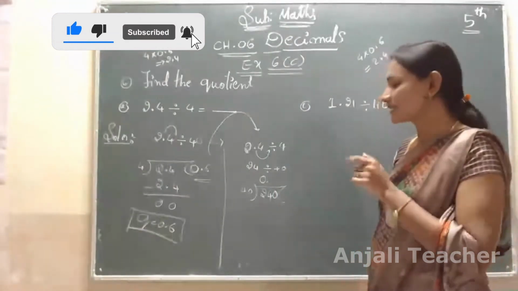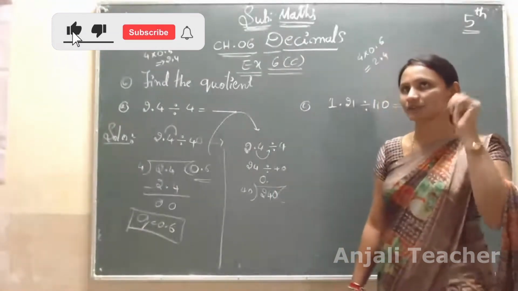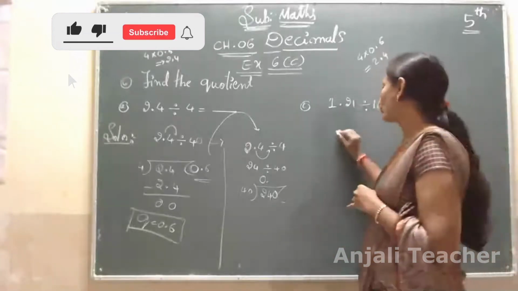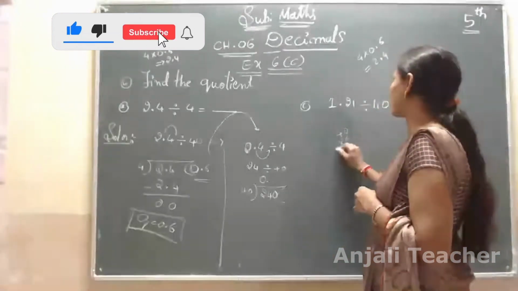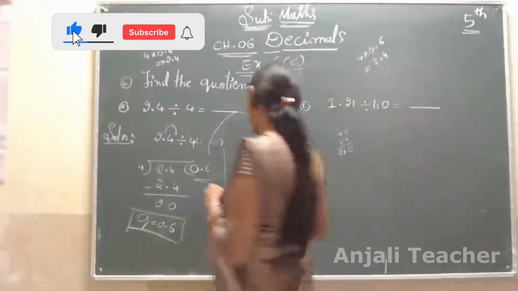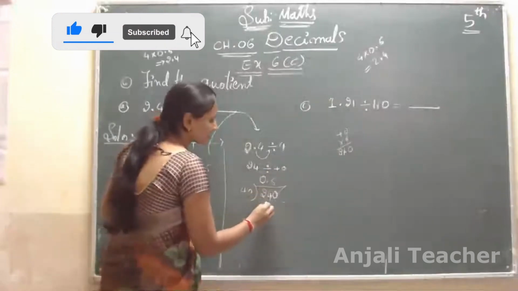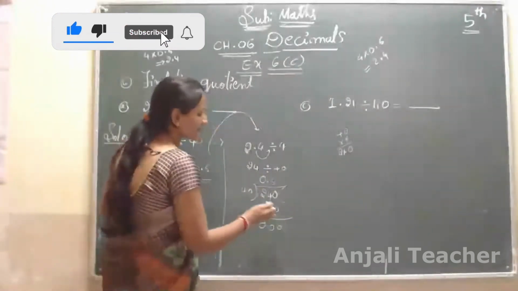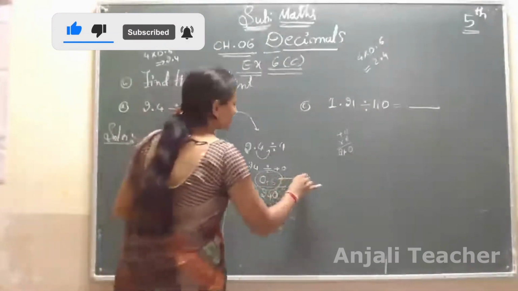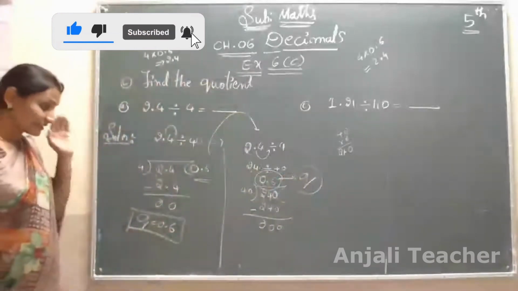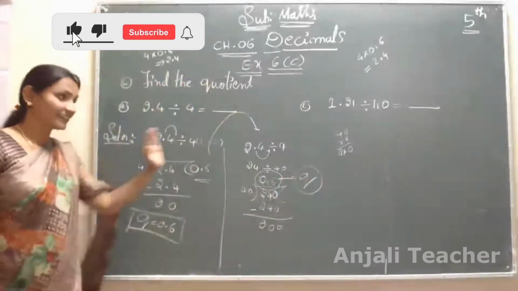Students, you have to search the 40 table for 240: 6 fours are 24, so 40 times 6 is 240. Write that, subtract to get 0. What is the quotient here? 0.6.